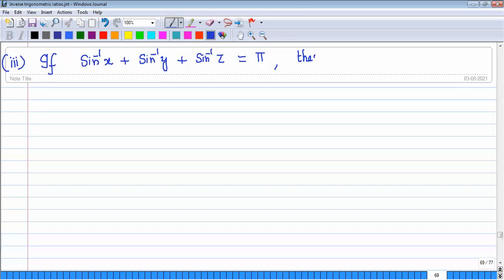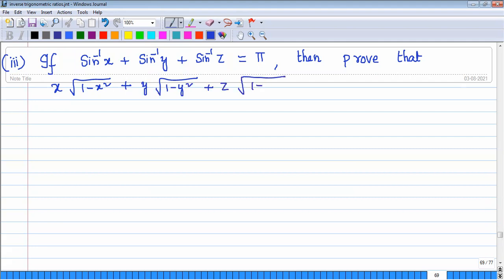Then prove that x root of 1 minus x square plus y under root of 1 minus y square plus z under root of 1 minus z square equals 2xyz.